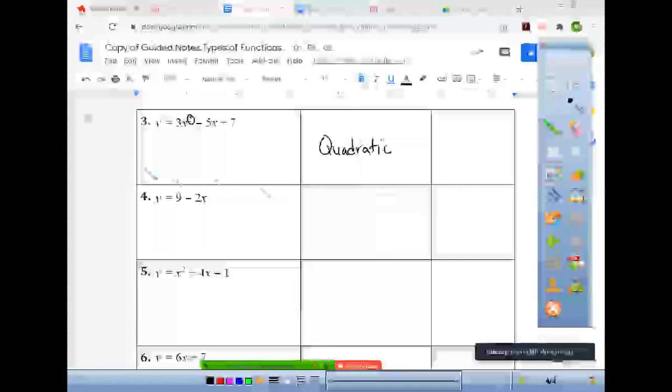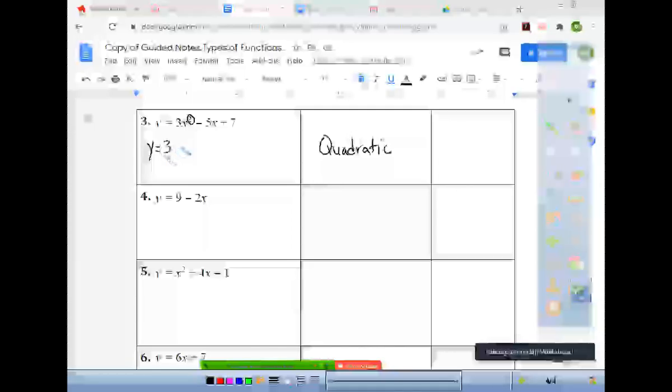Okay, if we're going to find that y-intercept, we're going to plug in 0 for x and simplify it. So 0, I got to plug it in for both of my x's. So during my order of operations, I start with my exponent. What is 0 squared? 0 squared means 0 times 0. 0.